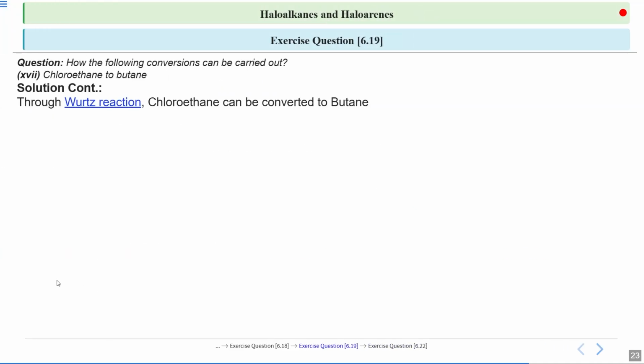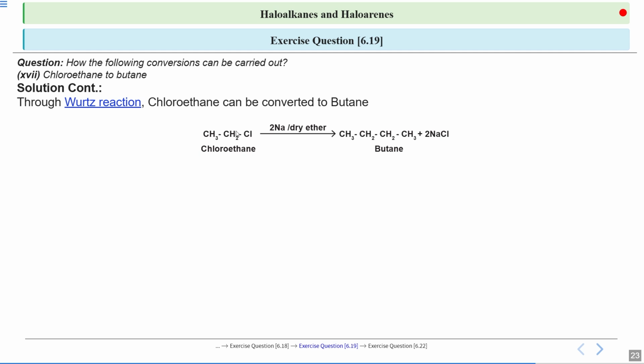Now for the 17th process, that is chloroethane to butane. Through the Wurtz reaction, chloroethane can be converted to the butane molecule. So you react chloroethane with sodium metal in the presence of dry ether. What will happen? You will get a product containing double the number of carbon atoms compared to the reactant.